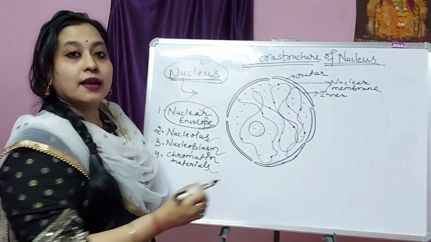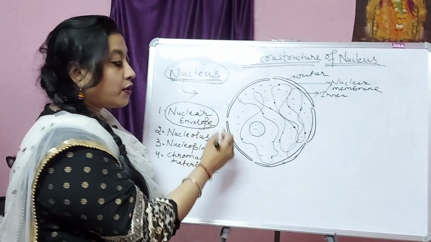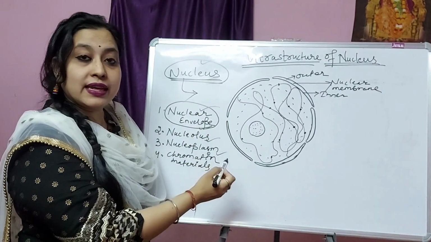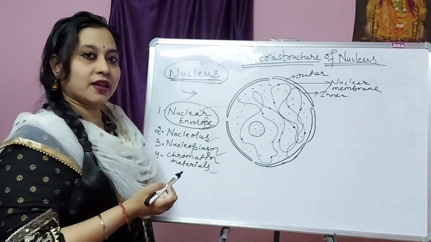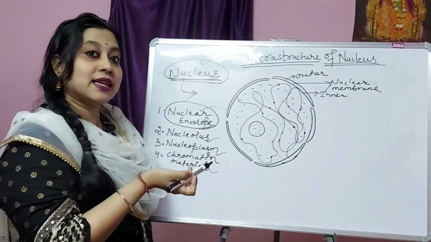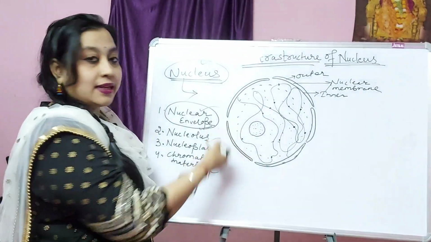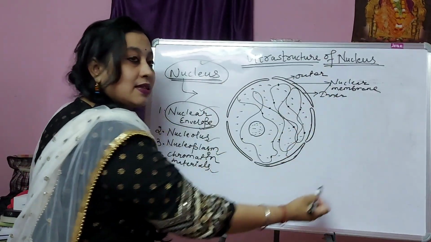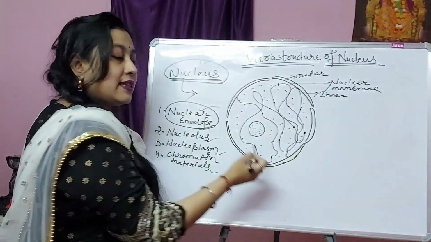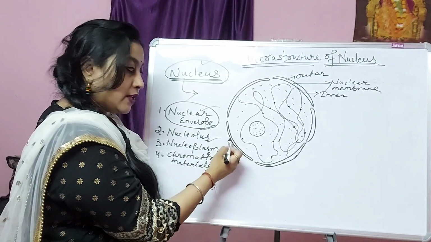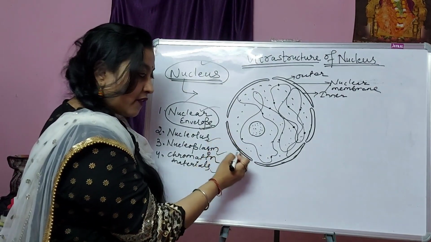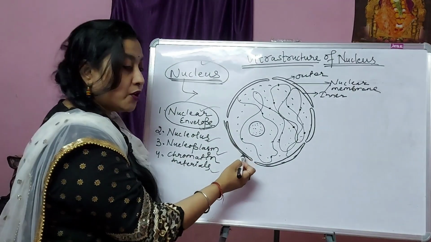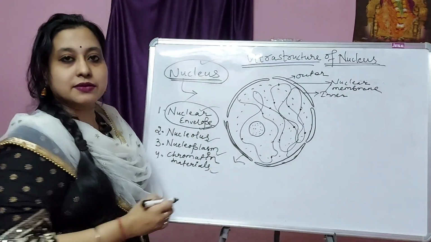This is the first part, the nuclear envelope. As I told you, the nuclear envelope separates the nucleus from the outer surrounding, which here means the cytoplasm. Outside the nucleus, cytoplasm is there, because the nucleus is present inside the cell. So this nuclear membrane separates the nuclear content from the cytoplasm.